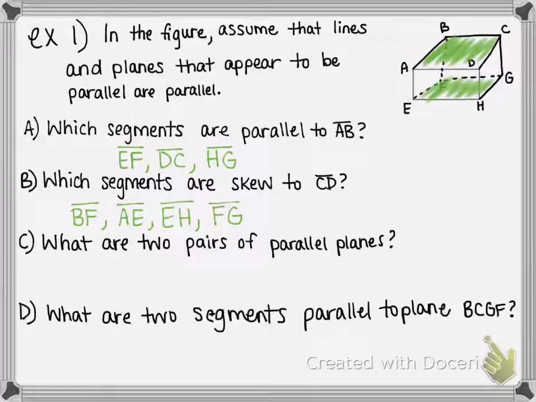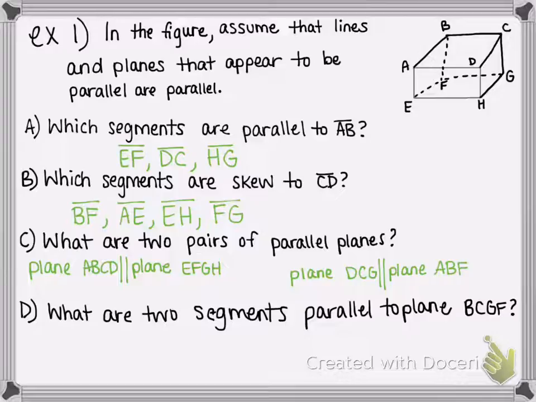Or you could have the sides over here, DCGH and ABEF. Or you could have this front plane and that back plane. Really you have 3 sets, but I only have down 2 because it only asks for 2.